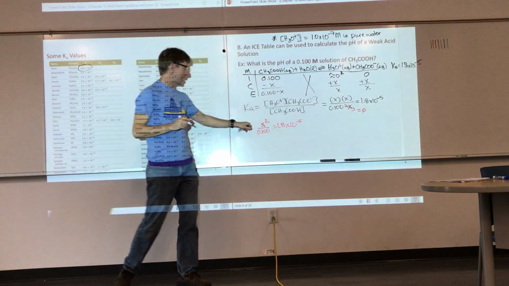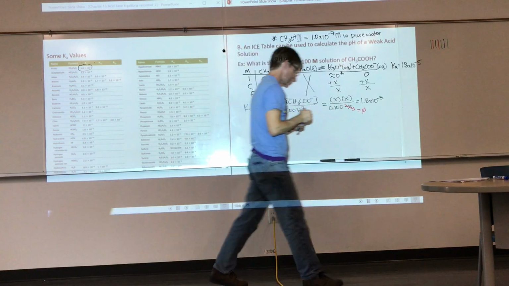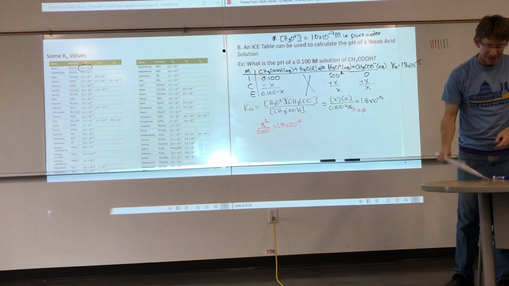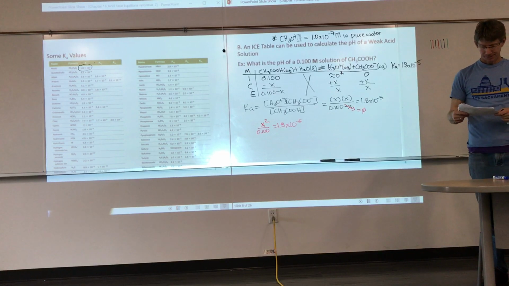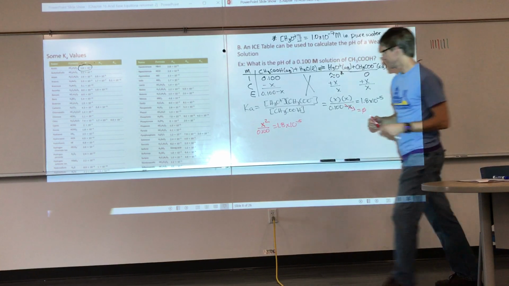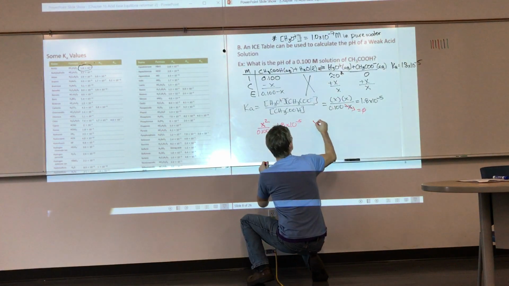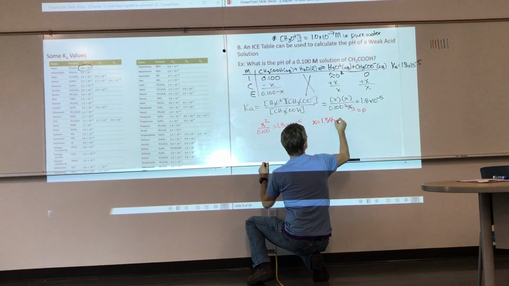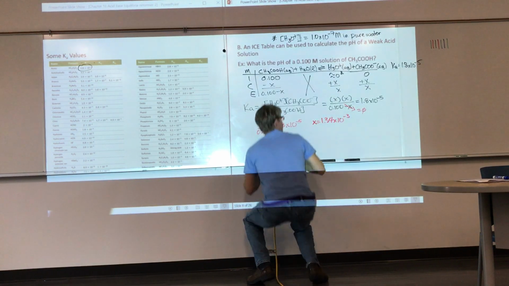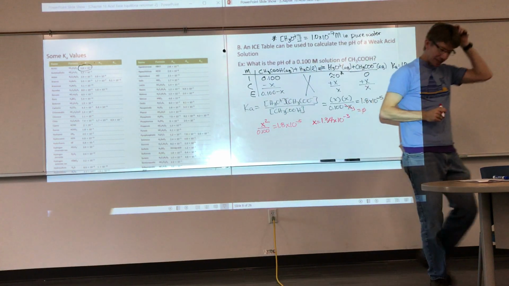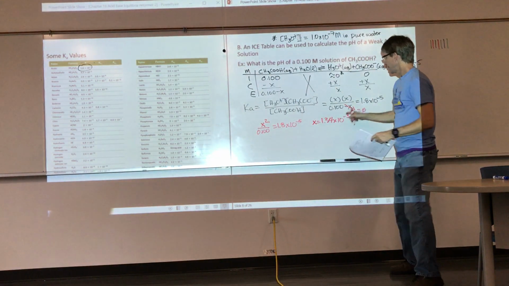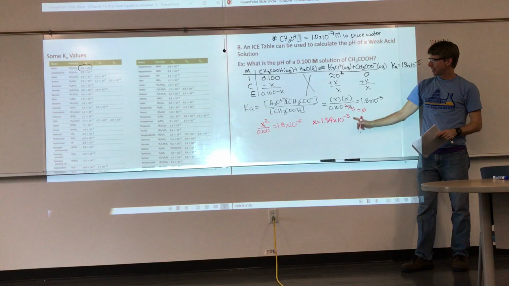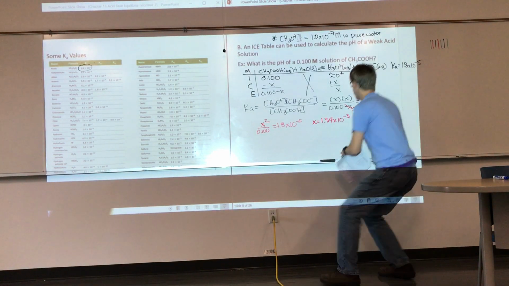That's what we're left with. X squared over 0.1 equals 1.8 times 10 to the minus fifth. Easy enough to solve. X equals 1.34 times 10 to the minus third, and X is our concentration of hydronium.